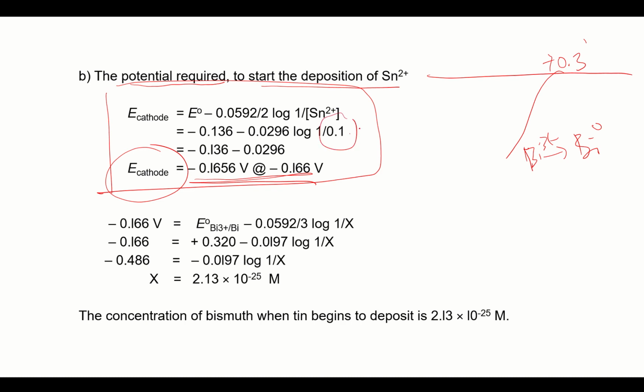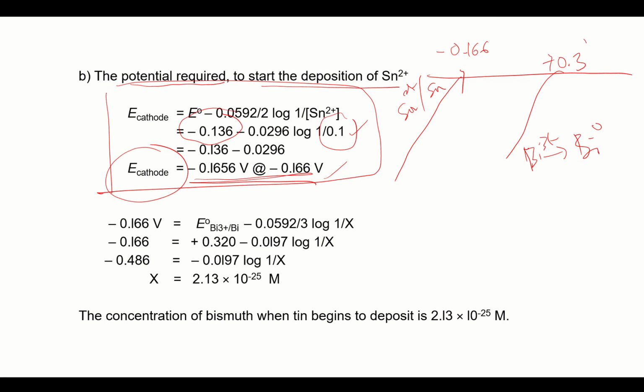Use this. You know the concentration. You know this is the standard for stannum. Then when you calculate using this Nernst equation, you know that it is more negative, negative 0.166. And the less readily reduced ion starts to reduce. This is stannum 2+ to stannum 0.